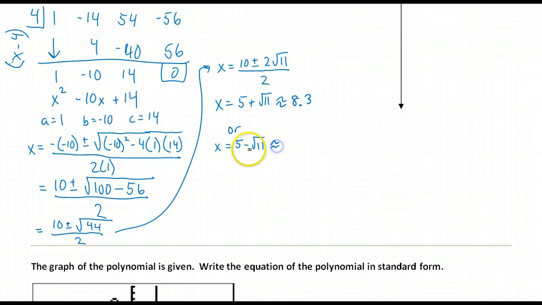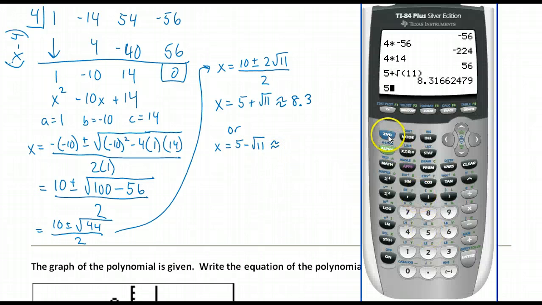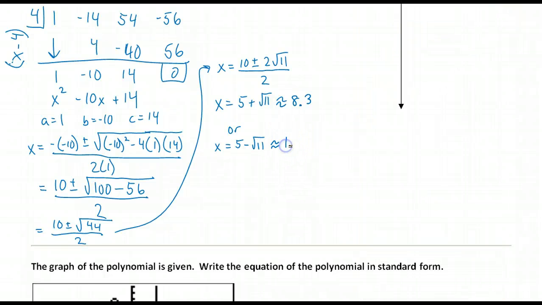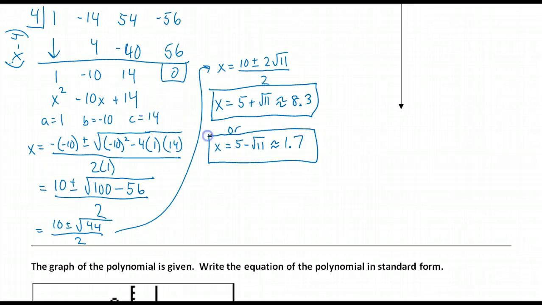And if I try 5 minus the square root of 11, I get about 1.7. So my last two zeros are 5 plus the square root of 11, which is about 8.3, and 5 minus the square root of 11, which is about 1.7.